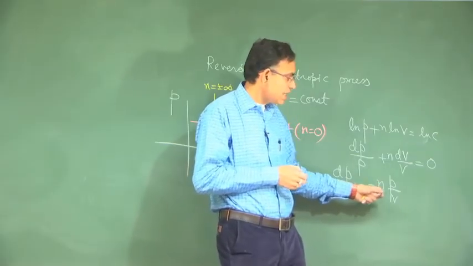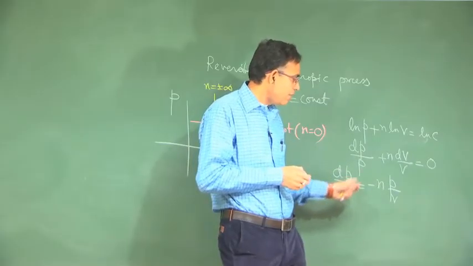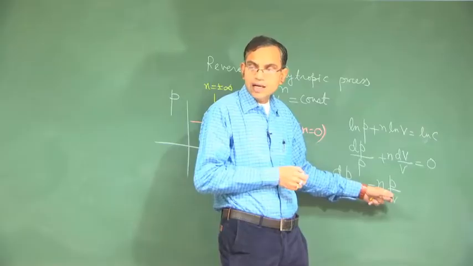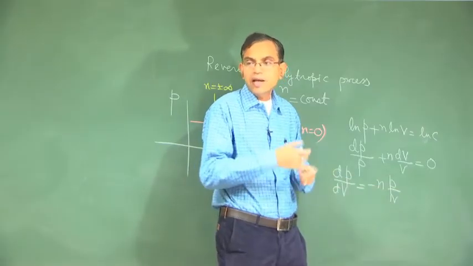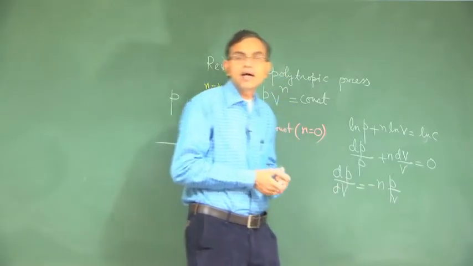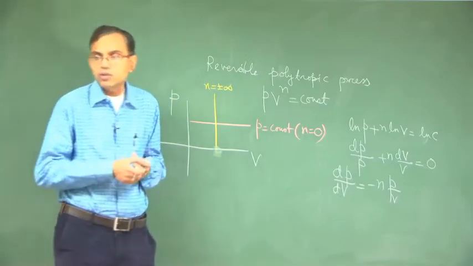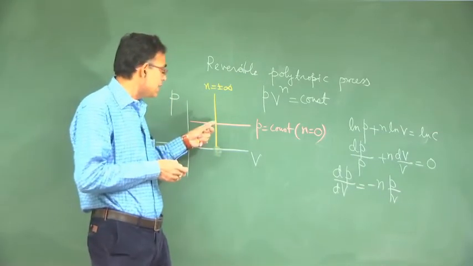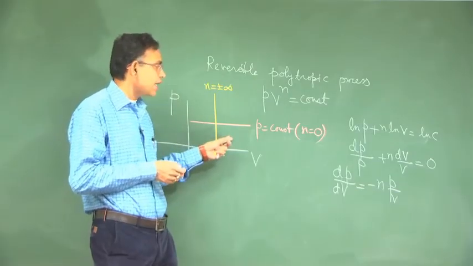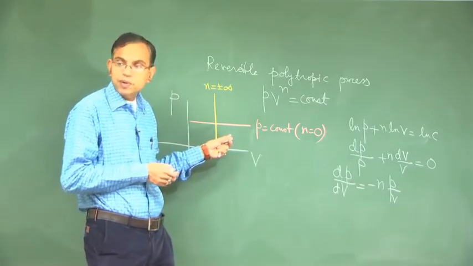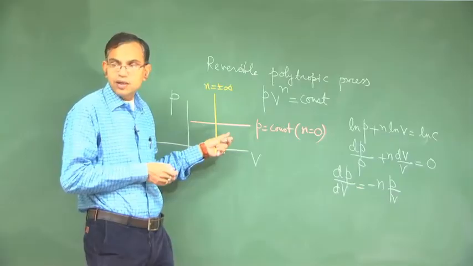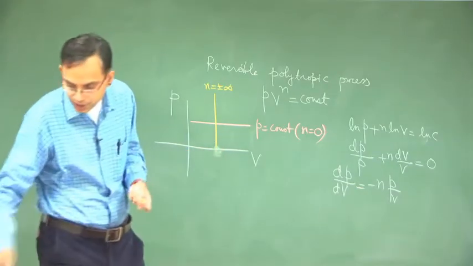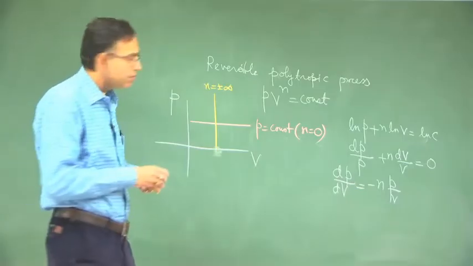So the magnitude of dP/dV for a reversible adiabatic process of an ideal gas is greater than that for a reversible isothermal process. In other words, the reversible adiabatic process in this PV diagram is steeper than the reversible isothermal process.